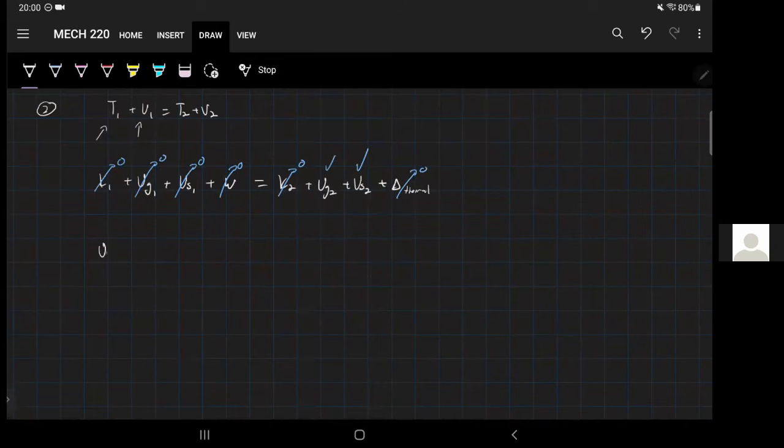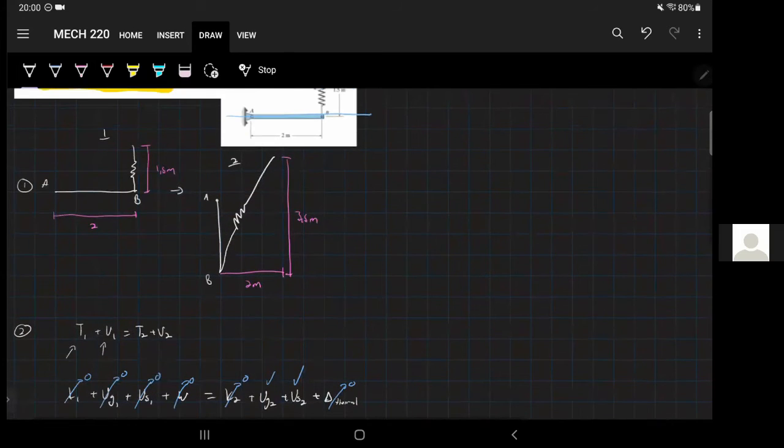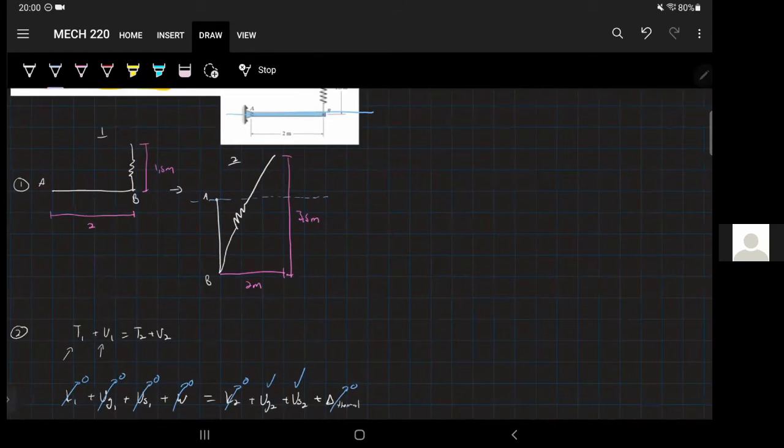So basically, we just need to find these terms now. For UG2, it will just be the change of height times mass times g. So we have to be careful here because it's the change of height of the bar, right? But more precisely, the center of mass of the bar. So the center of mass starts here, ends up here, 1 meter away, right?